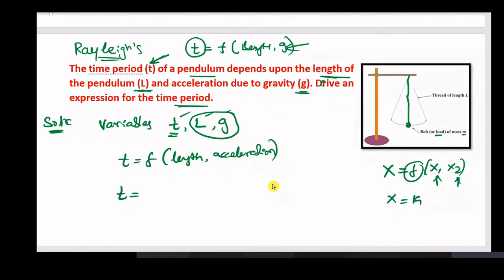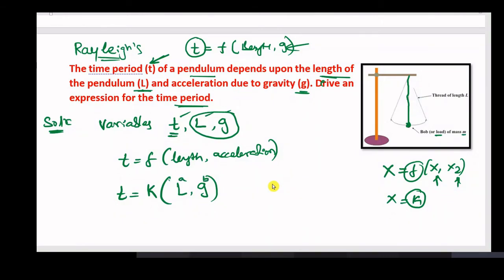T I will write as it is. T stands for time period. You remove the function symbol and take some constant k. Length I will write as it is, L. Acceleration due to gravity, G, I will write as it is, within the bracket. Once you have taken the constant k, take some arbitrary constant for the power of L, that is a.